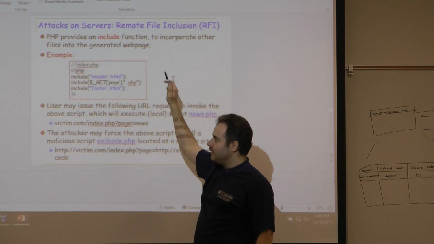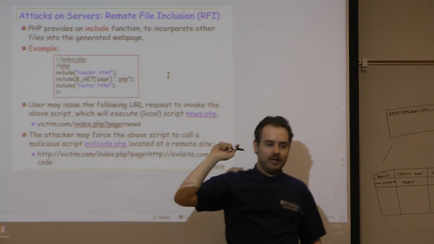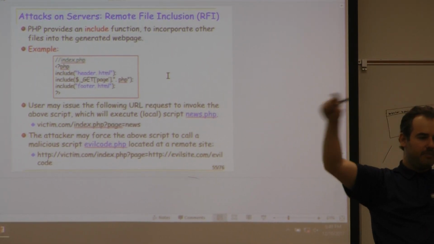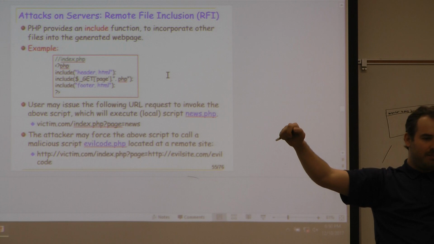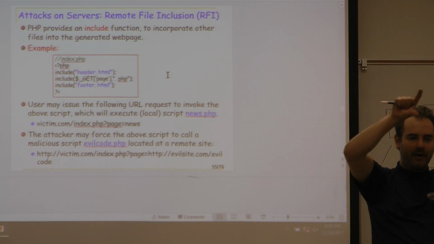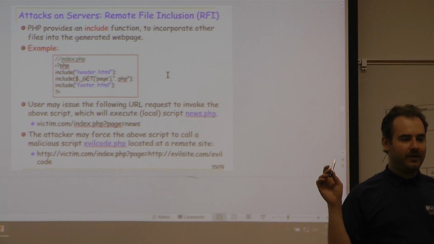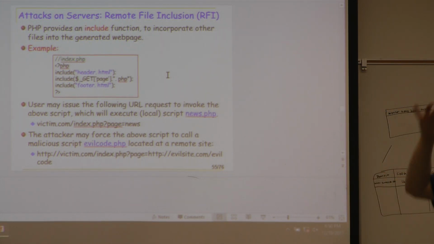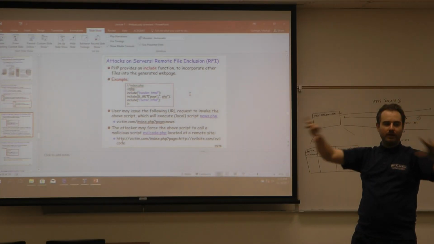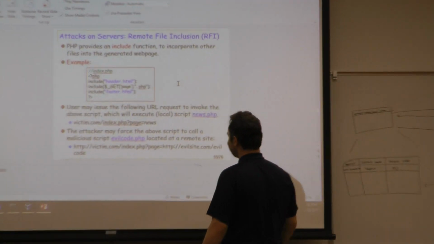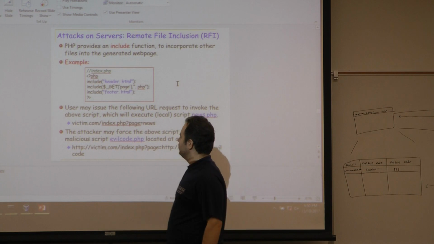Include basically means take the contents of this HTML page and just embed it in my current page that I'm generating. So at the top, I'm going to include a header that is defined by the HTML in the file called header.html. So basically, I'm just taking HTML from that file and I'm including it into my web page. Boom, I just dump it into my web page. Next, I have another include statement.